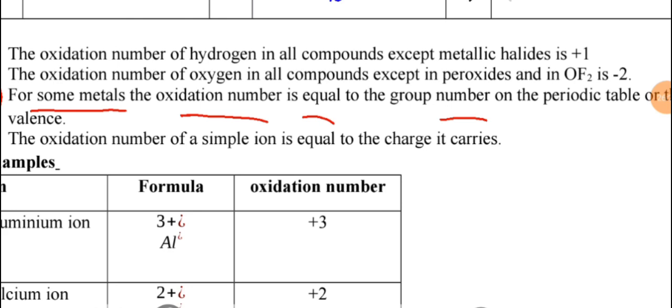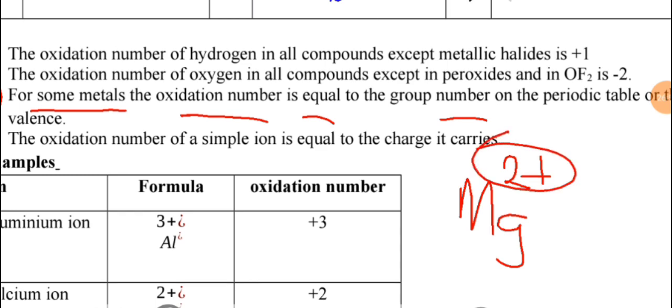For example, in group 1, all the elements in group 1 have the oxidation number of 1 because the charge or the valence is 1. In group 2, the same. All the elements that have 2 electrons in the outermost shell have a valency of 2. Therefore, when those elements lose electrons, they form 2 positive. For example, magnesium forms 2 positive because the valence of magnesium is 2. Sodium will lose 1 electron and form a positive charge.